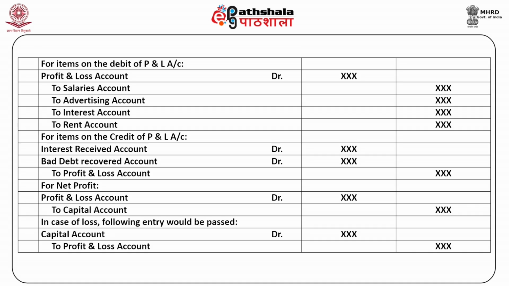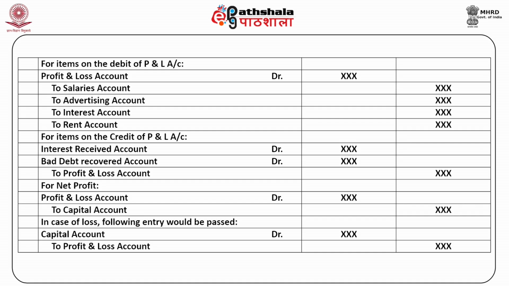Closing entries in respect of profit and loss account. The following are the relevant closing entries. 1. For items on the debit of P&L account, profit and loss account is debited to the credit of salaries account, advertisement account, interest account, rent account. 2.